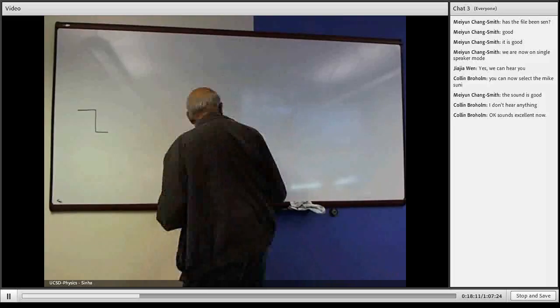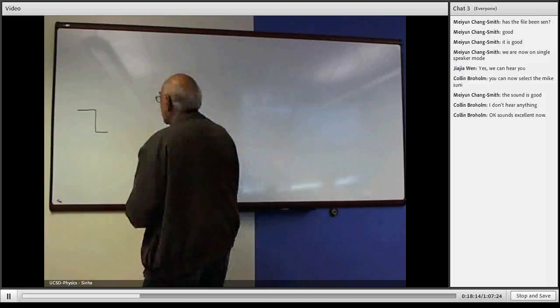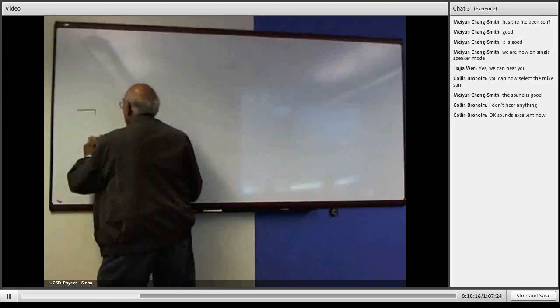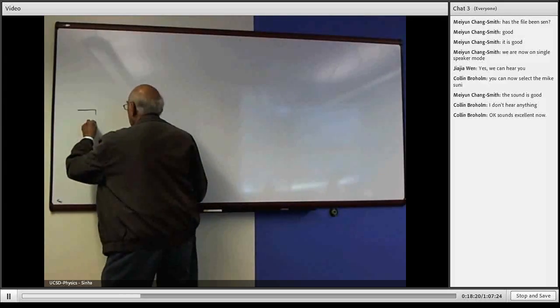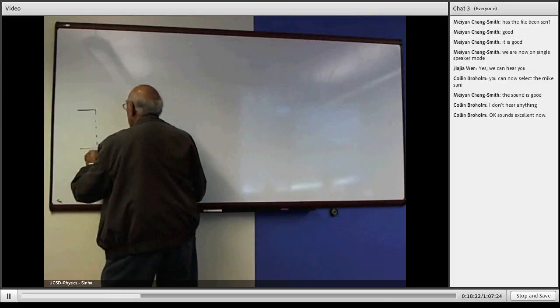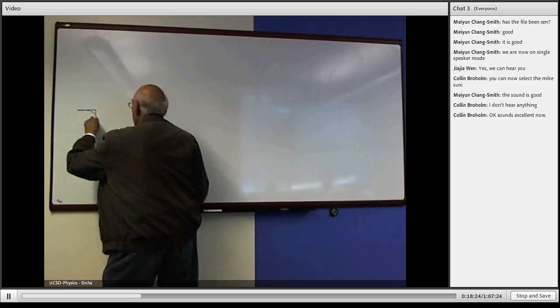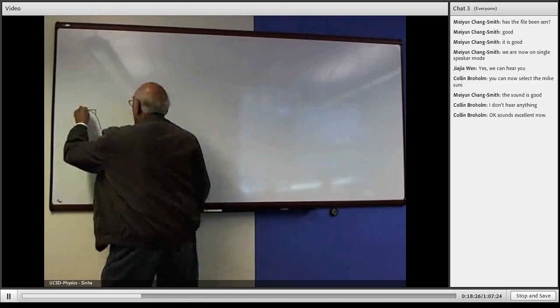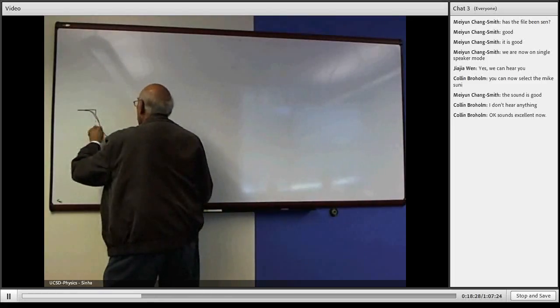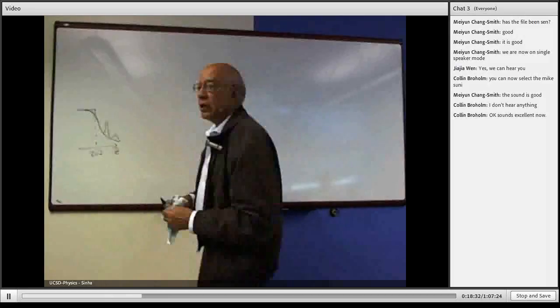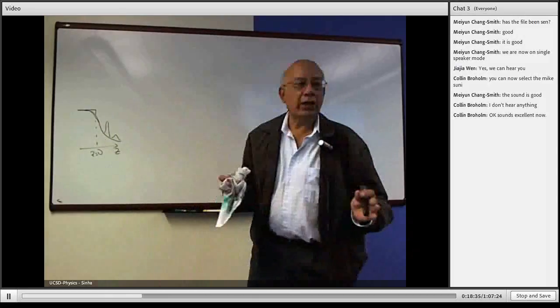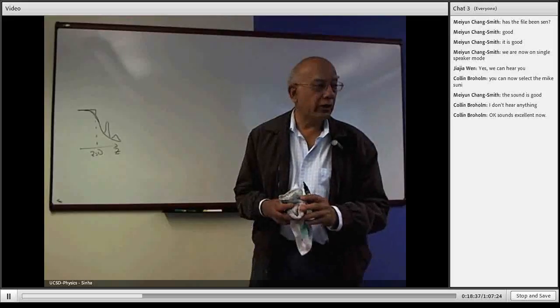But in general, you may have a density profile averaged over x and y. If this is the z direction, and let's say this is z equals 0, you may have something which is a smooth or smeared out profile, or you can even have some oscillations or periodicities in it. It can be any kind of density profile.